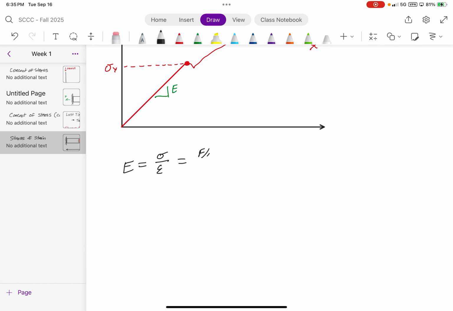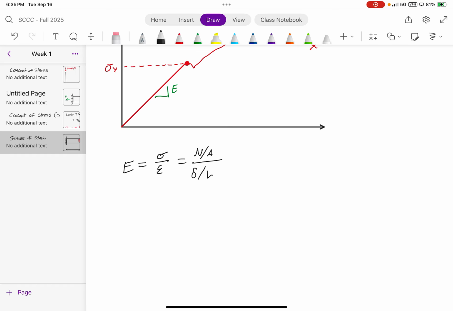Yes. So F over A, or we'll say N over A, right, to denote internal force. And what was strain equal to? Yeah, or delta over L.